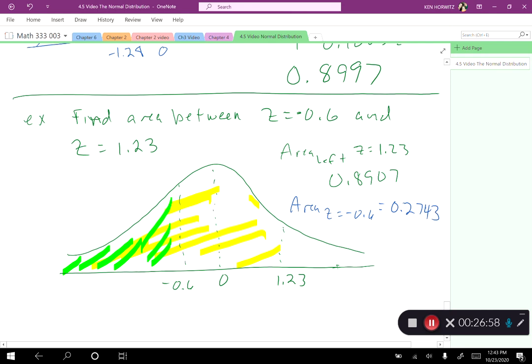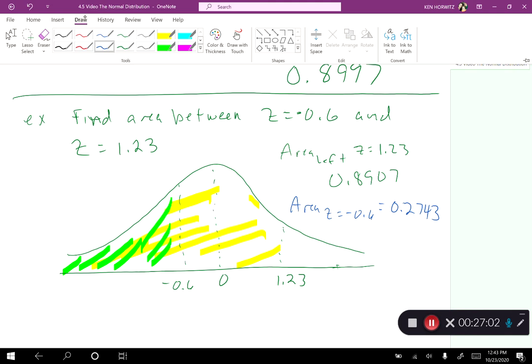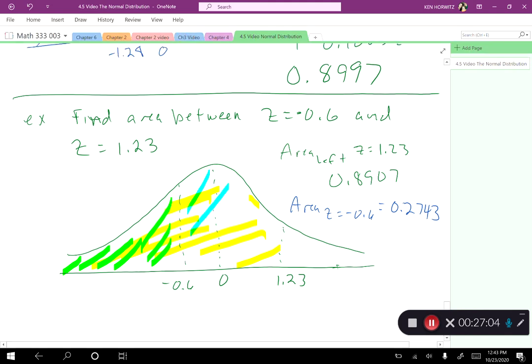Now what the question is asking me is I want the area in the middle. So really what I want is the blue highlighted area. So the way I can do that is if I take the yellow area and I subtract off the green area, I wind up with the blue highlighted area.